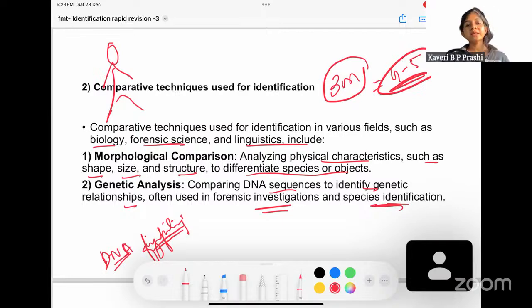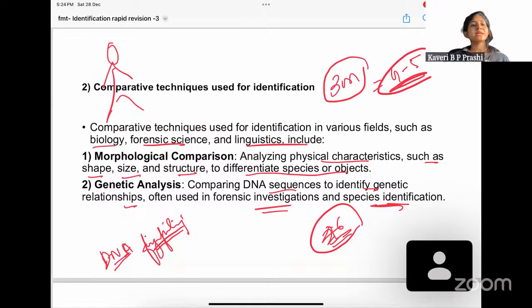In human DNA, we have 46 chromosomes, 23 pairs. This is for humans, and for other animals it's going to be different, so this helps us identify different species also. And after doing hybridization techniques, DNA fingerprinting, and certain techniques like FISH, you'll be able to say whether it is of a particular person or not. You can use this genetic analysis even for paternity testing as well.